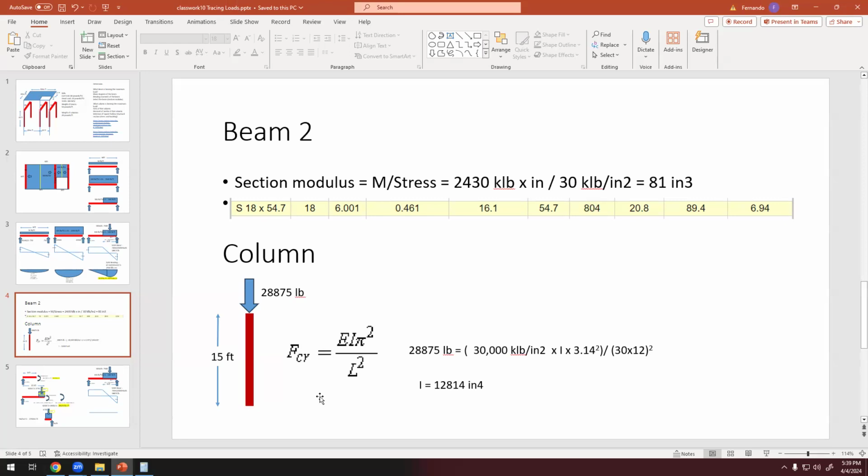Now this number would be, yes, I have to divide this because it's 30 times 12 square.